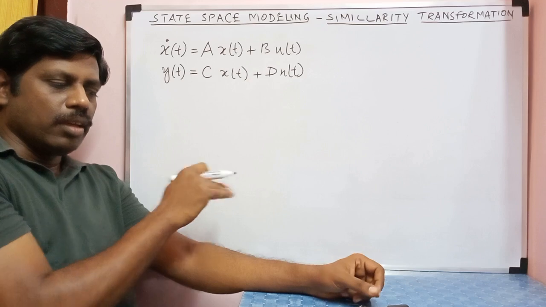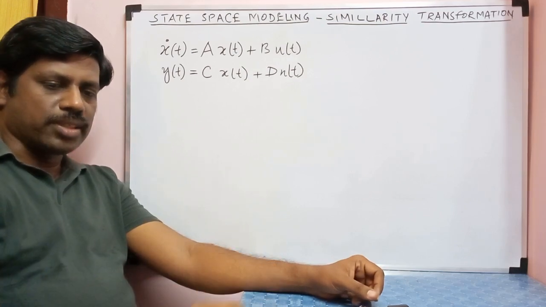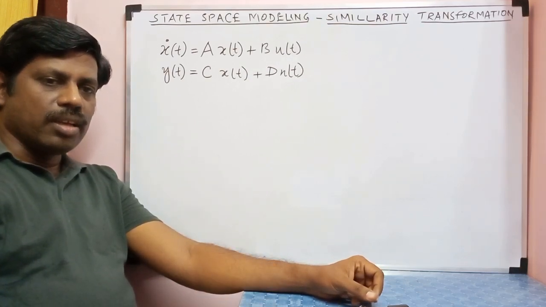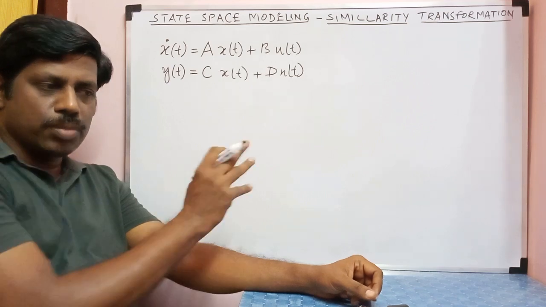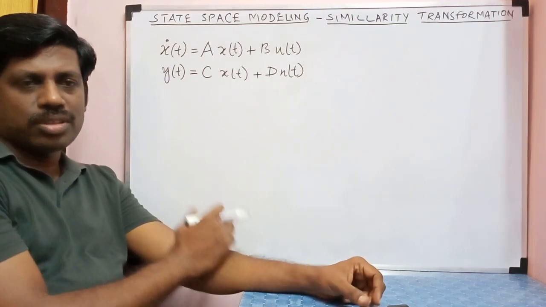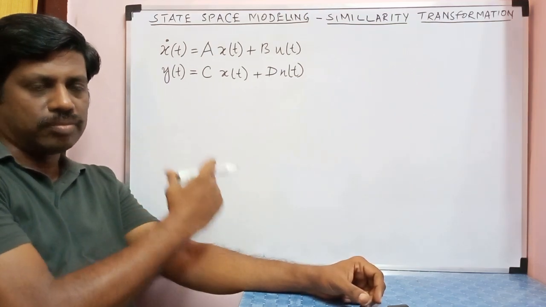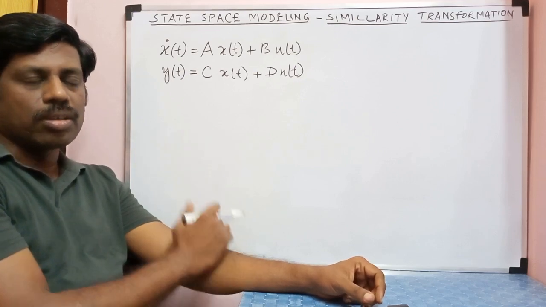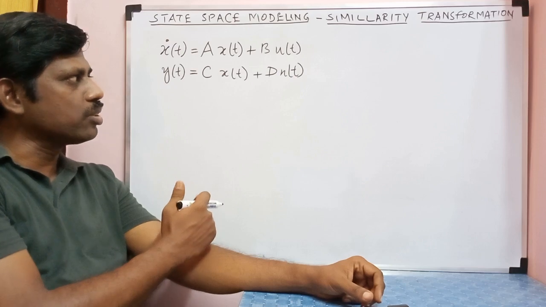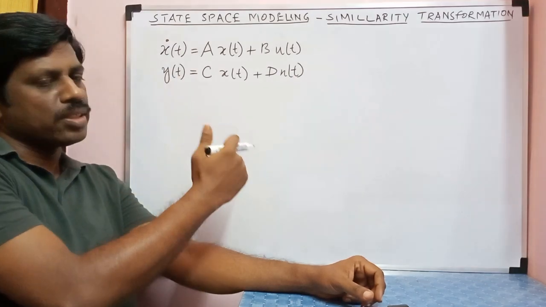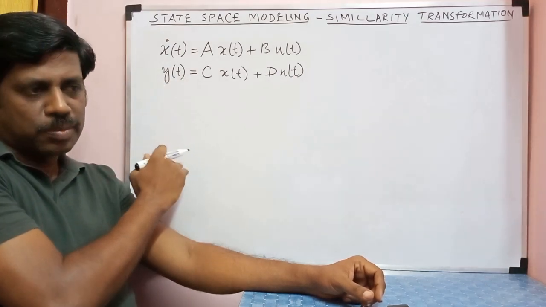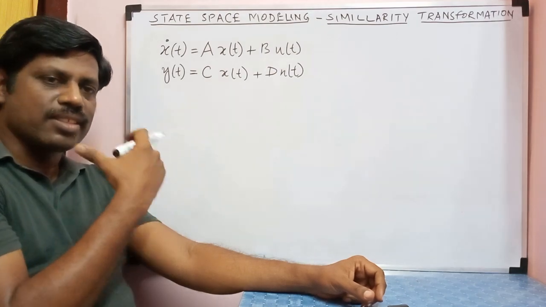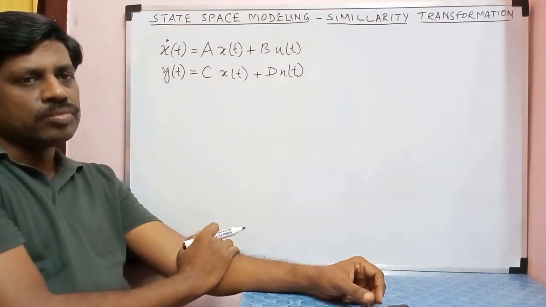But before going into that exactly, there should be something in between. To understand how this transfer function can be transformed to a state space model, we need to understand certain other things.